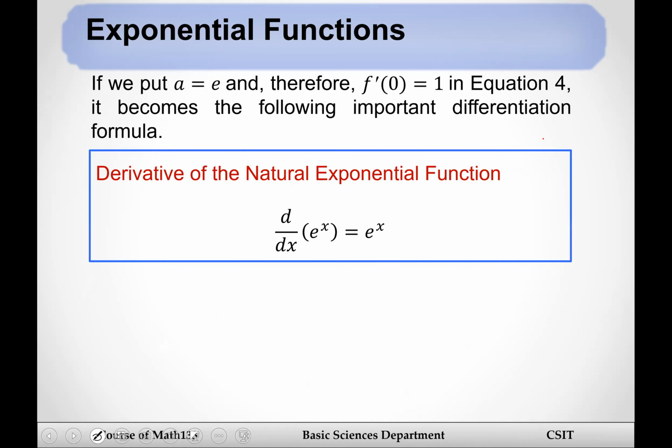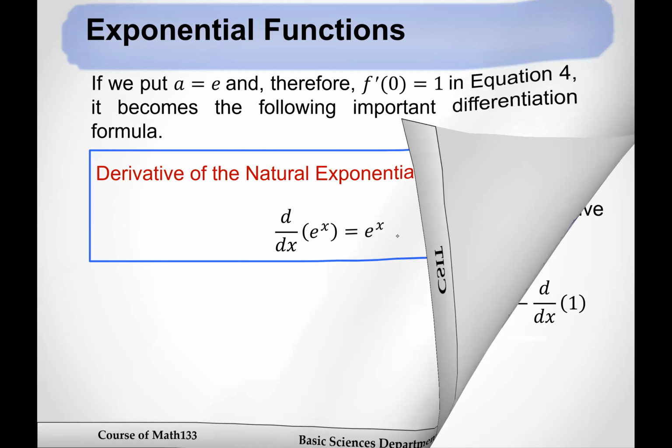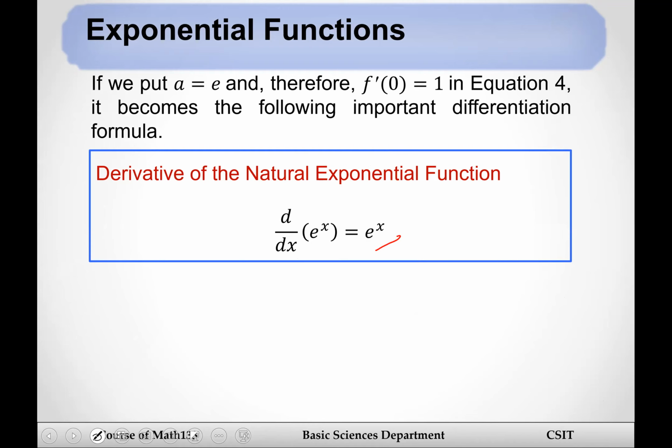Okay, so here we have the formula for e to the x. The derivative of e to the x is equal to itself, e to the x. But if we have another base, then be careful of the base. So this is only for the base a equal to e. We use a lot the natural exponential e to the x as a function, and also the natural logarithm ln, the inverse of this, ln of x.